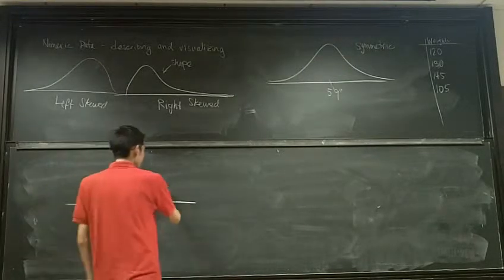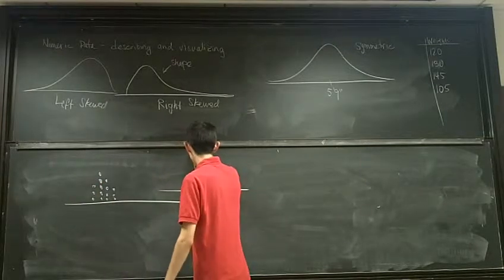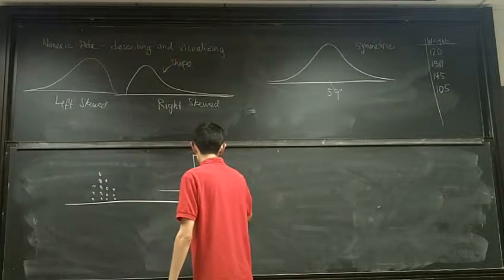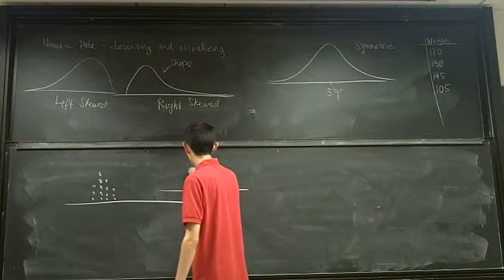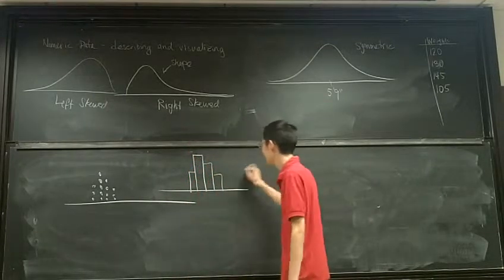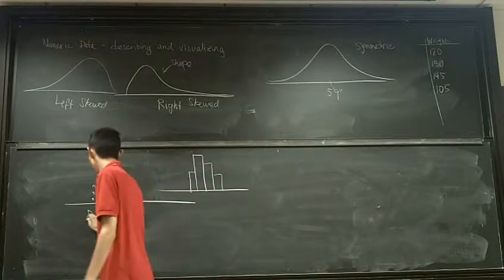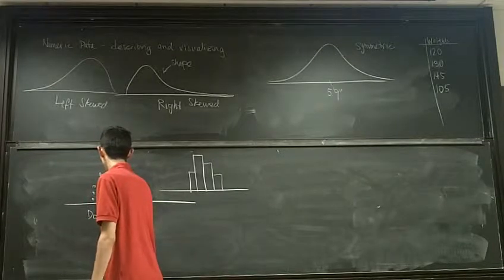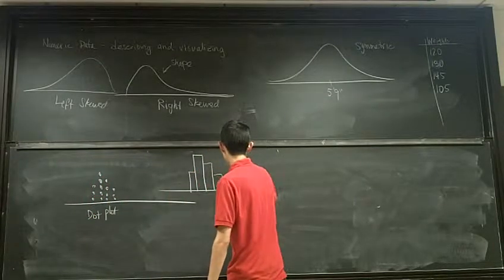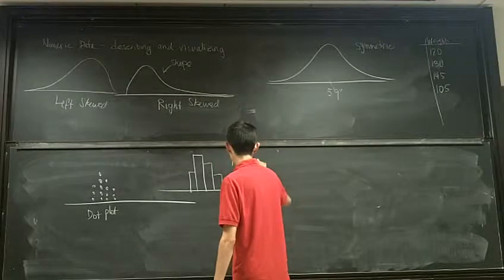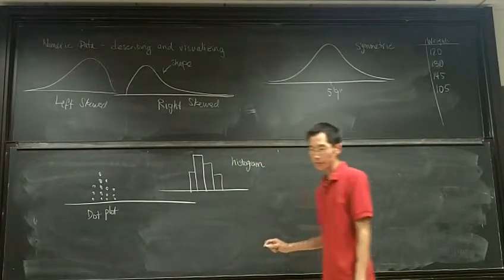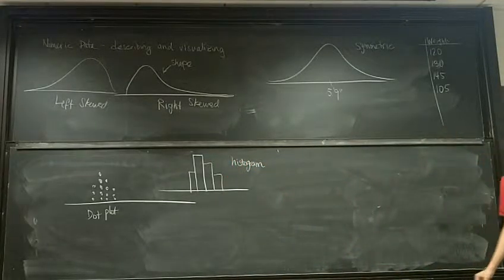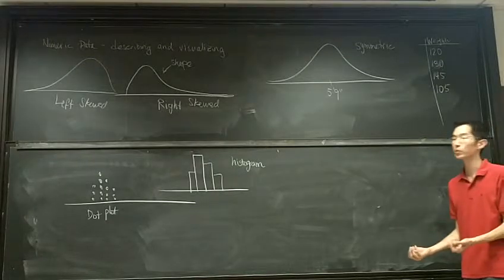With a histogram, you've got bars instead. So this would be a dot plot, and this would be a histogram.